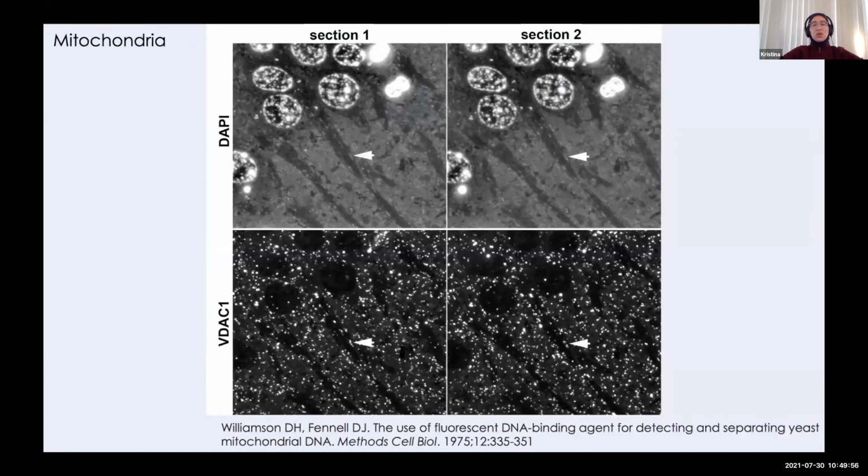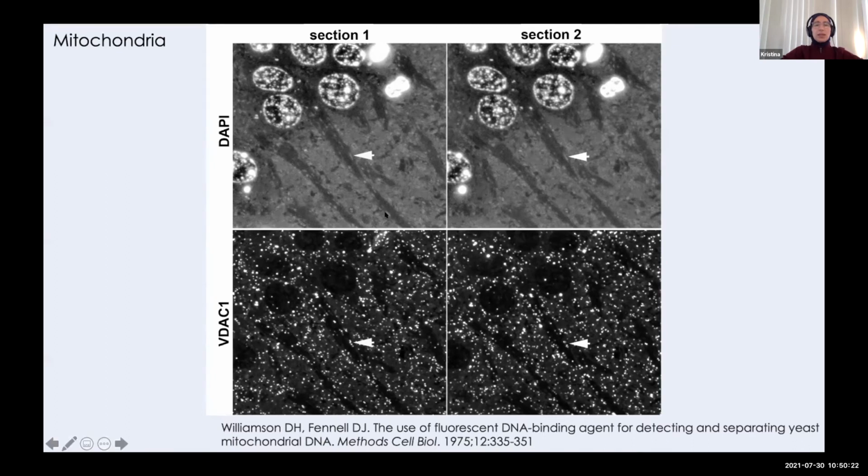One can also use not just antibodies as markers, but other features or other markers. It turns out DAPI actually labels mitochondria well too. Here the nuclei are brightly labeled with DAPI. Here are dendrites, and these little lines that are consistent from section to section are actually mitochondria.